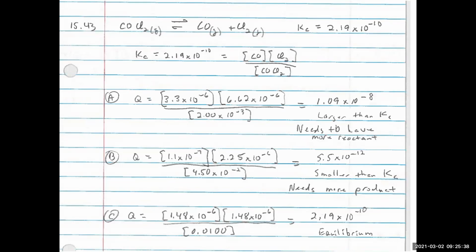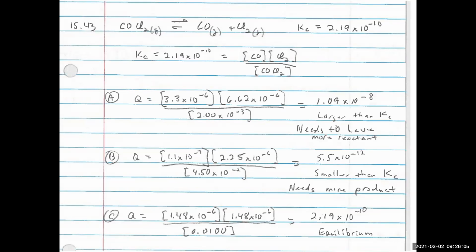So if I have more products than I want, that equilibrium has got to get pushed back towards the reactant side, okay? And so that tells us in this first case, if we were to monitor that reaction for a little bit of time, what we'd see is the products decreasing and the reactant increasing.